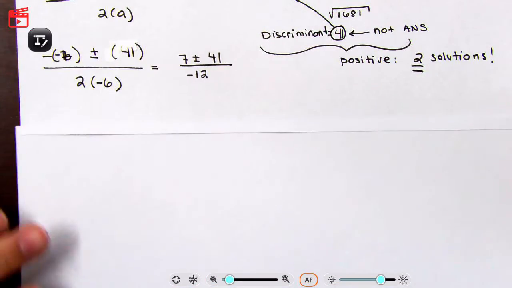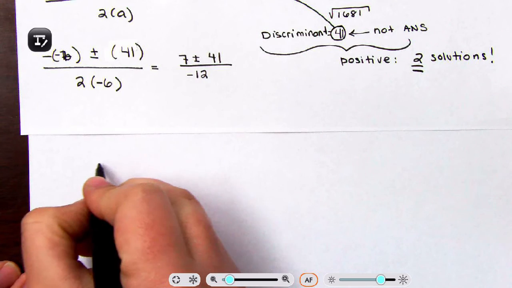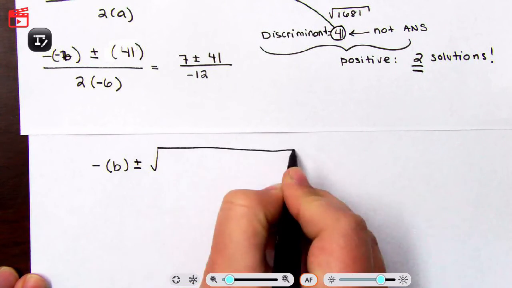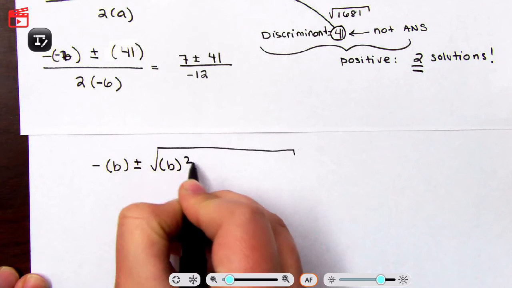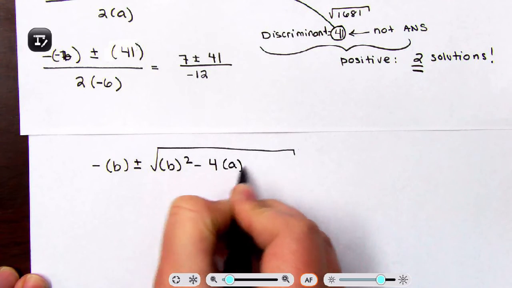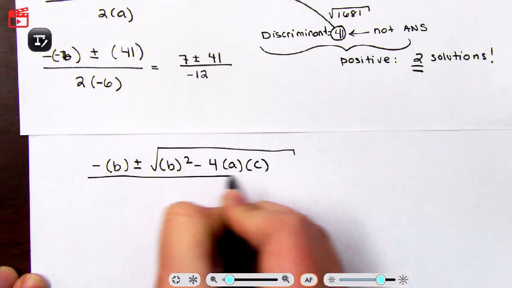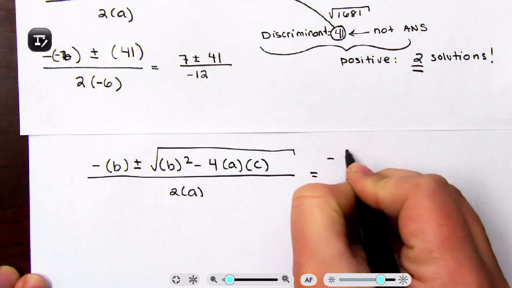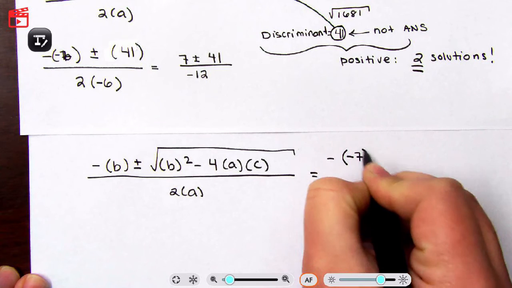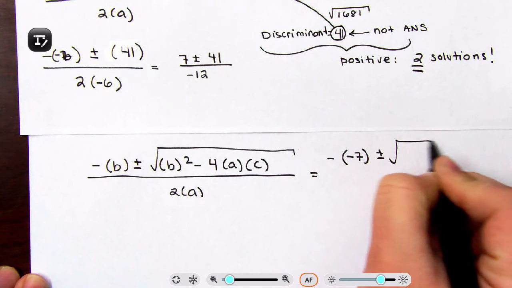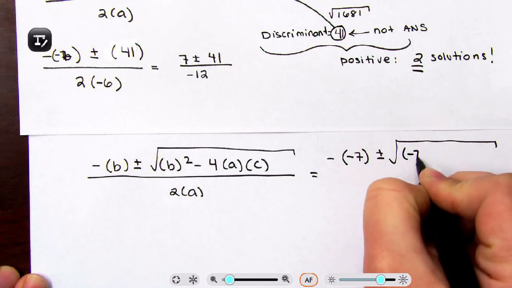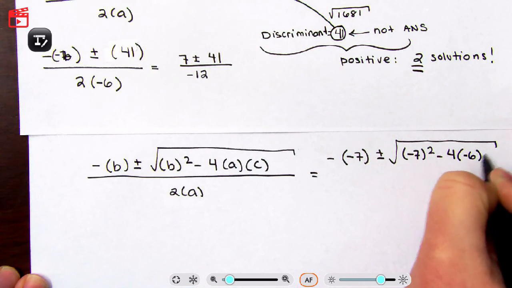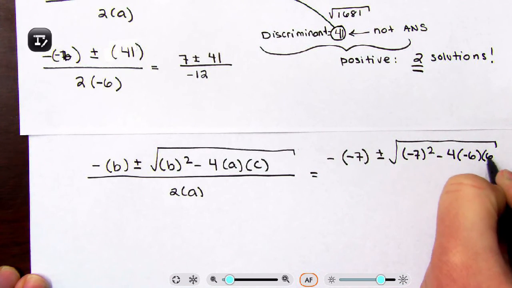I'm going to rewrite this one more time. So I have a negative b plus or minus the square root of b squared minus 4ac divided by 2a. Negative b is negative 7, plus or minus the square root of negative 7 squared minus 4 times a, which is negative 6, times c, which is 68.